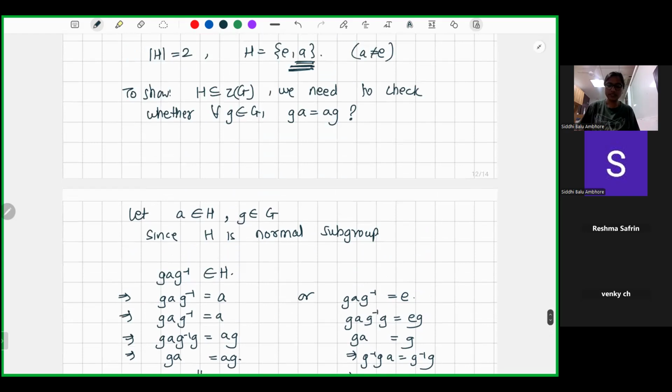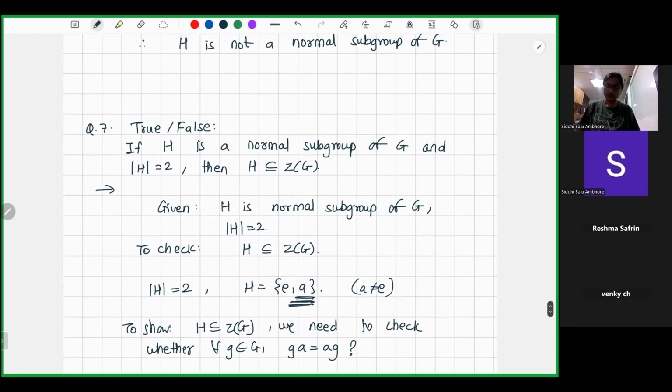If so, this statement is true actually. This statement is true.